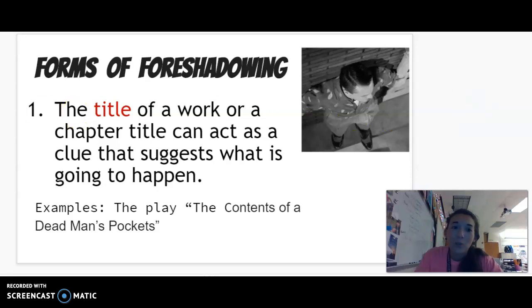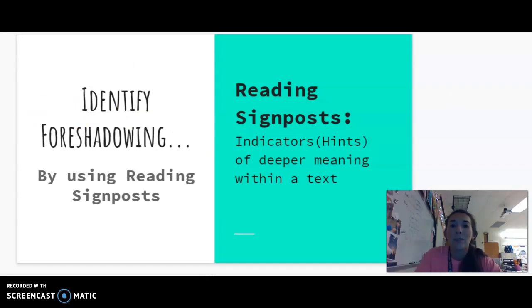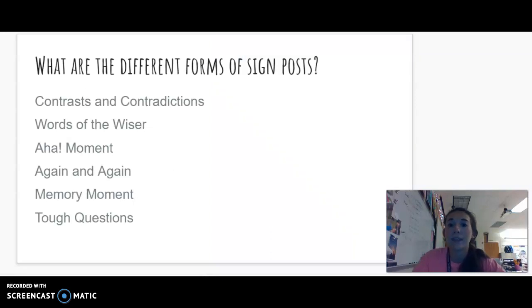But that's just one easy way. We're going to look at some of the more in-depth ways authors tend to foreshadow, the more artistic ways. And these are our different signposts. When I say signposts, I'm going to be referring to these.